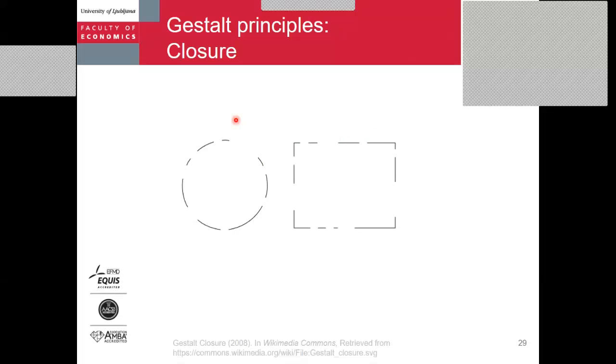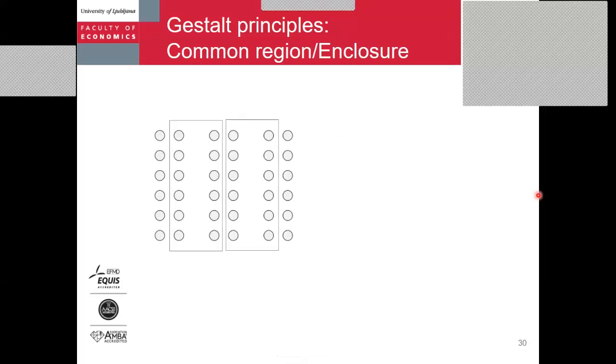Okay, and now our last example. We have here this example that partly replicates what we already saw. We saw before 3 columns. So does this change when we put 2 rectangles around the dots? Do you still see 3 columns?